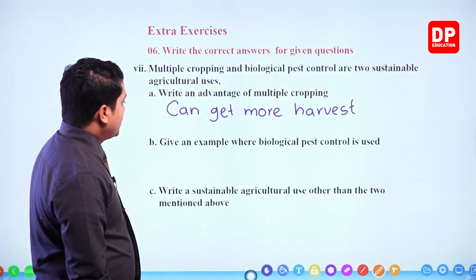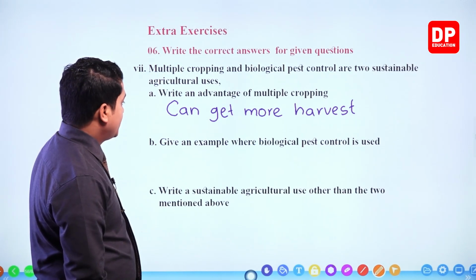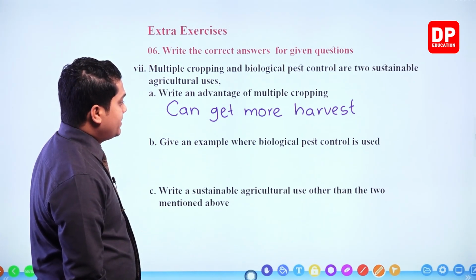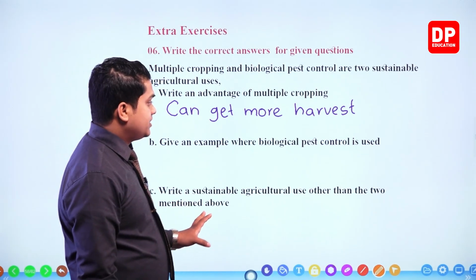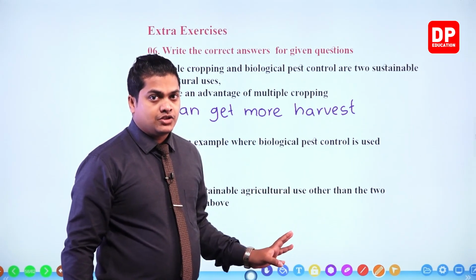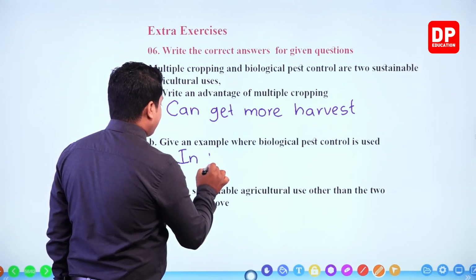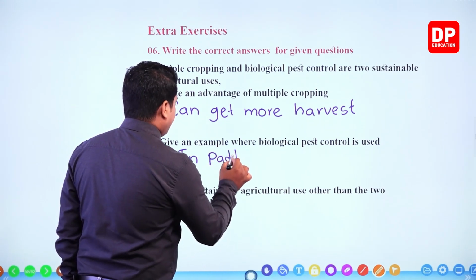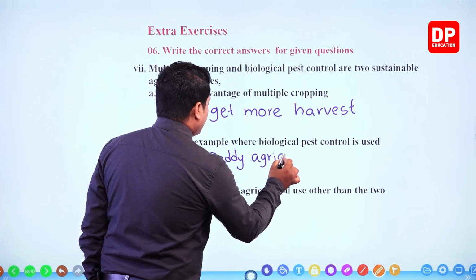Next one. Give an example where biological pest control is used. Biological pest control is used in paddy cultivation or paddy agriculture, right? So we can write down in paddy agriculture.